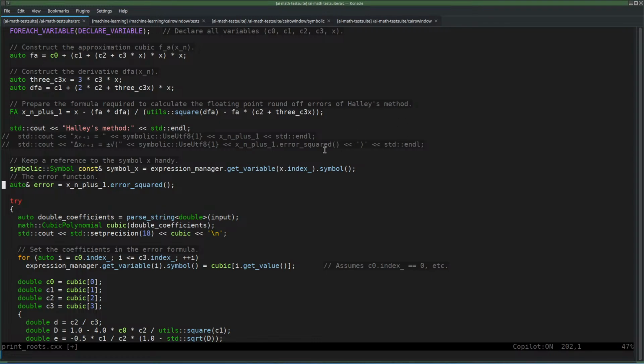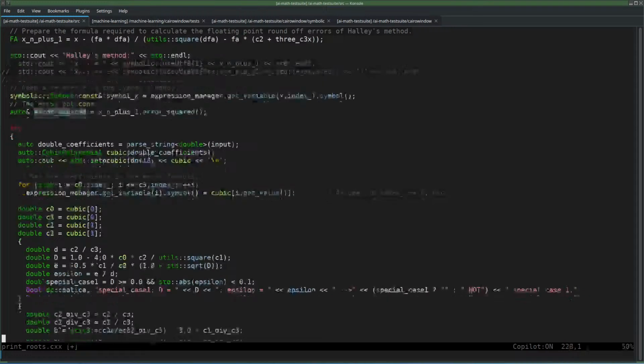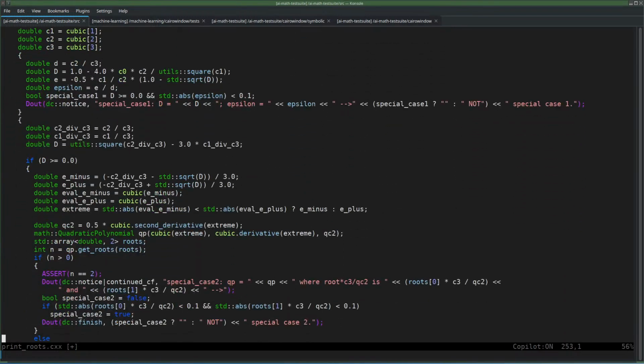So we have the formula as a symbolic expression, and I can evaluate that. But it is the error squared, so let's call it like that. So we can evaluate that.